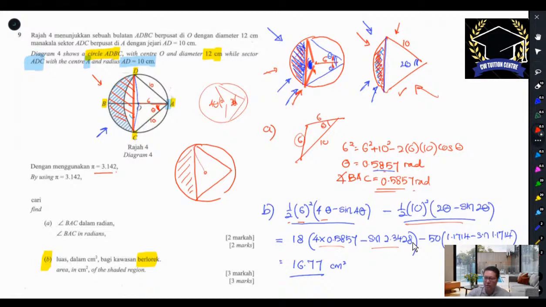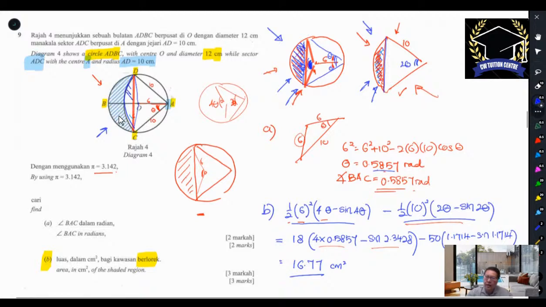Okay, find the segment. The formula for segment, right? We mentioned a few times already. So this is 4 theta. The angle, the R is 6. This is 4 theta. So we find the segment over here. And then we minus, okay, this one. This part. Let me erase the red color one.